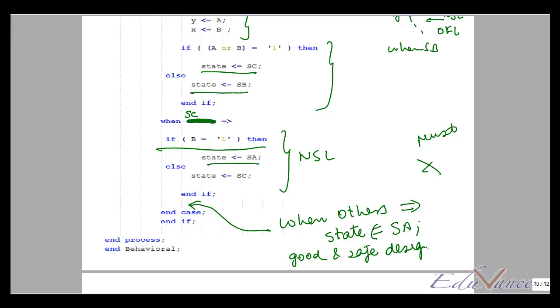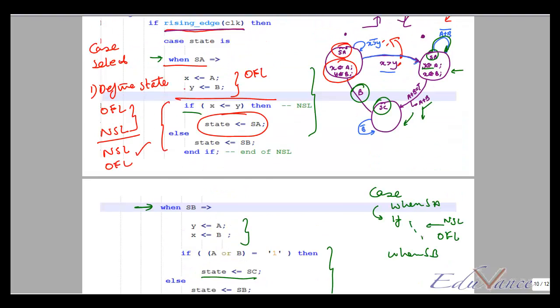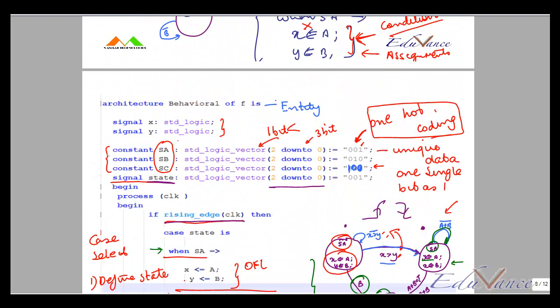Okay, so just to summarize that, when I'm doing FSM using VHDL, I first define my states as constants. The width of the constant, or the number of bits in the constant, is equal to the number of states, which is for one hot coding.